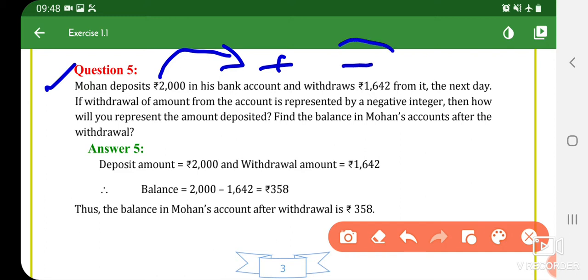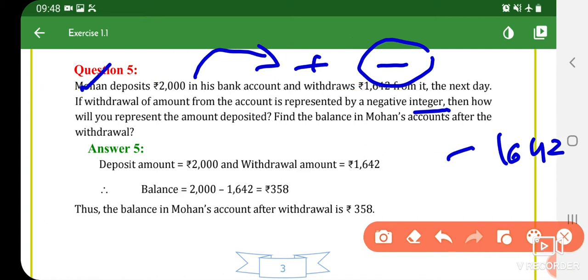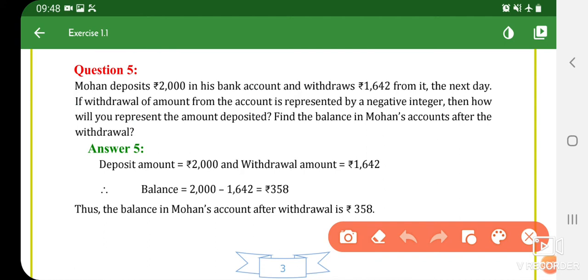So these are minus and these are positive. If the withdrawal amount from the account is represented by a negative integer, that means withdraw is represented by the negative integer 1642, then how will you represent the amount of deposit? So the deposit amount, these are the positive. Find the balance in Mohan's account after the withdrawal. So what is the remaining amount?